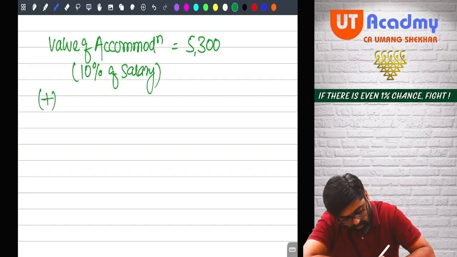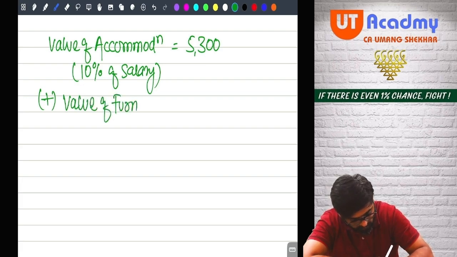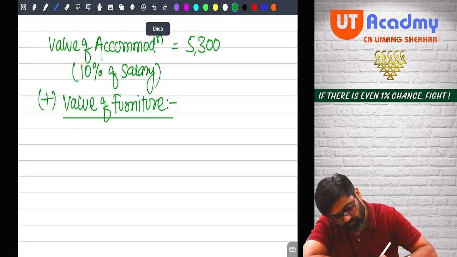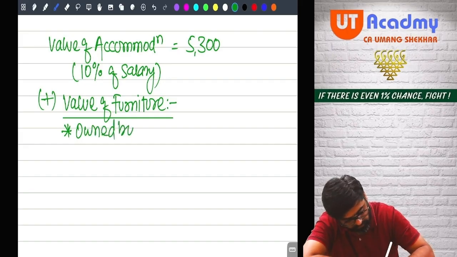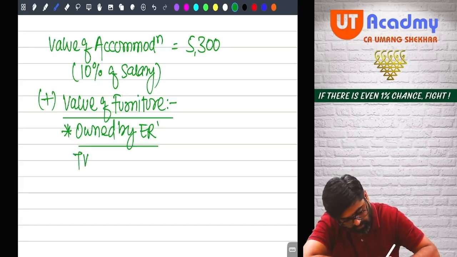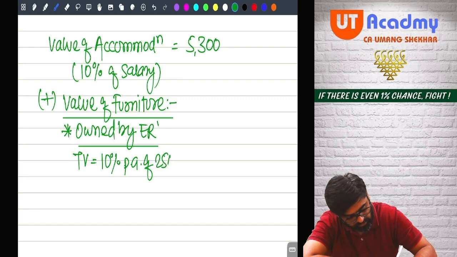Now in that I will have to add the value of furniture which is owned by the employer. And what was the furniture owned by the employer? TV, no? TV. So 10% per annum of actual cost, which is 25,000.